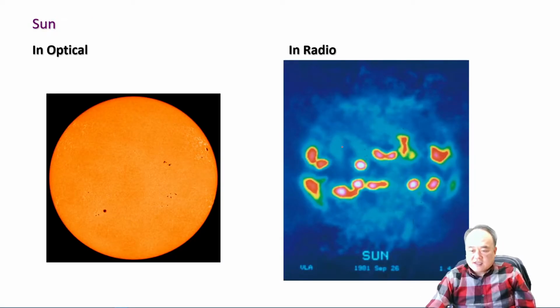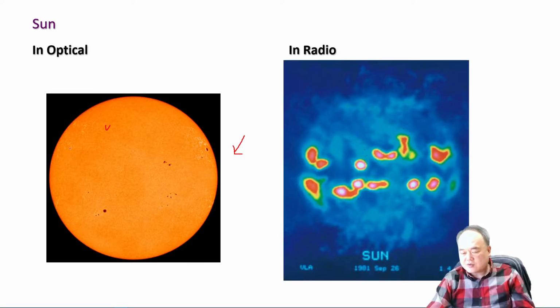Similar things can be seen on the surface of our Sun. When the Sun is observed in optical, we see the photosphere and a bright filamentary structure called flares, and also dark spots known as sunspots. A sunspot is a region of really highly concentrated magnetic field lines.